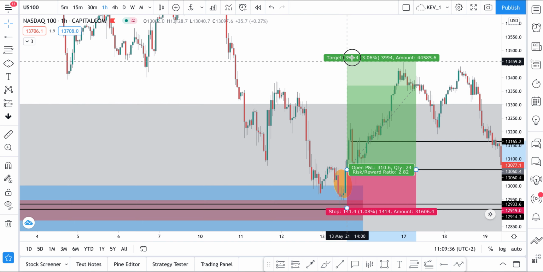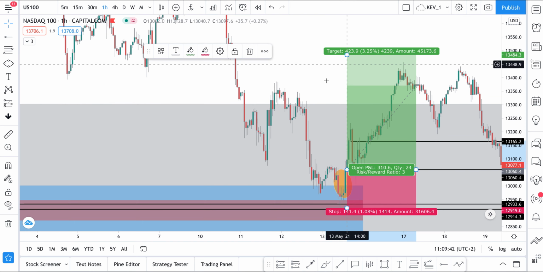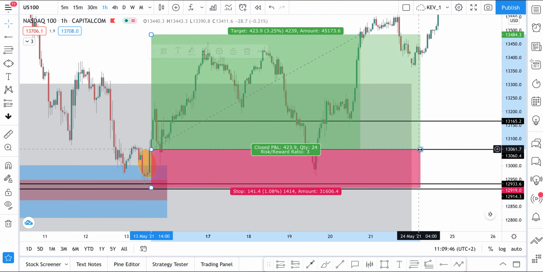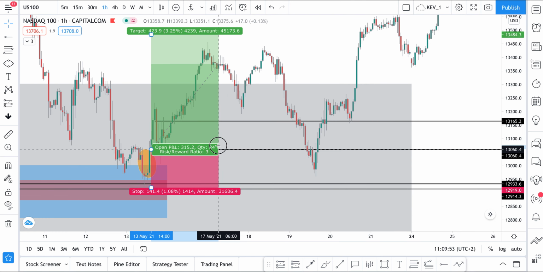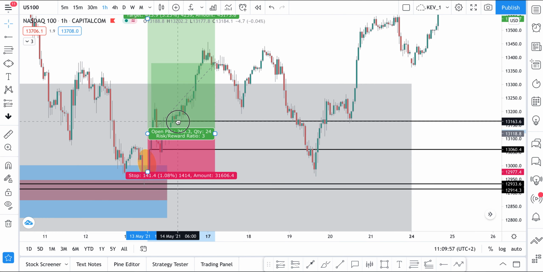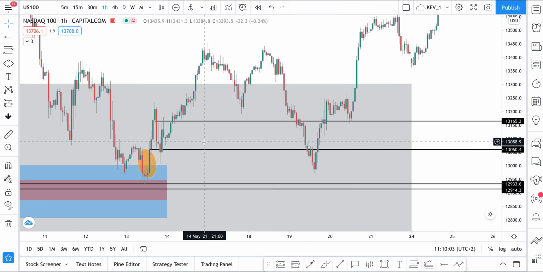So like I said, if you're going for a 3-to-1 risk reward ratio, you're still going to hit your profit targets as planned. And once you are already in profit, you can just move your stop loss in profit so that you run a risk-free trade.